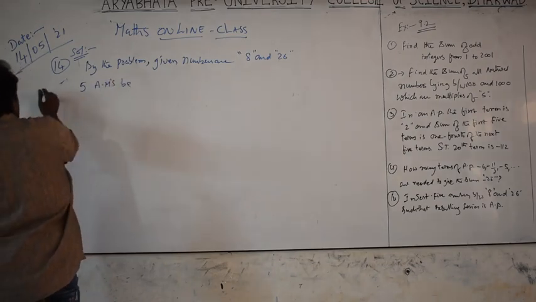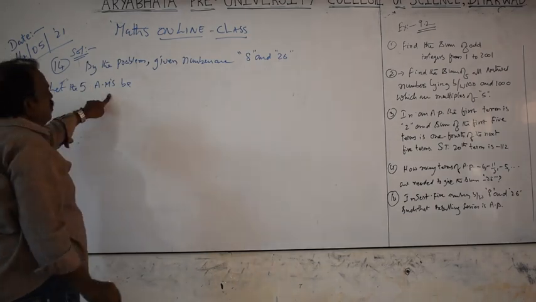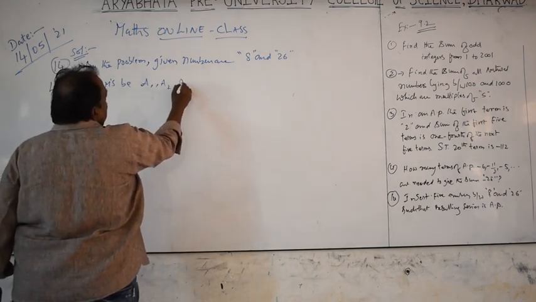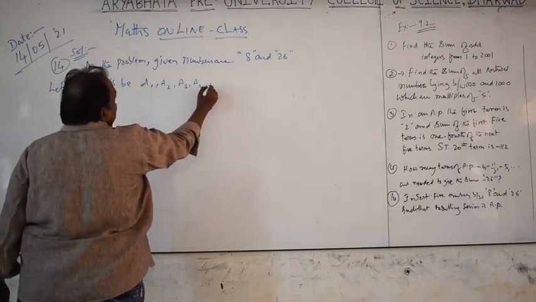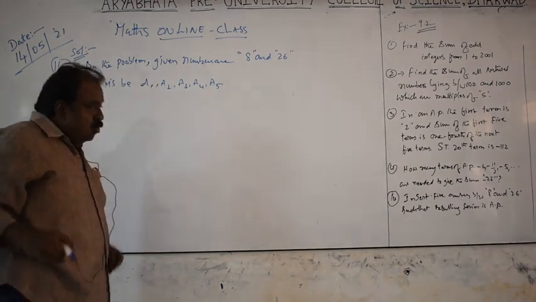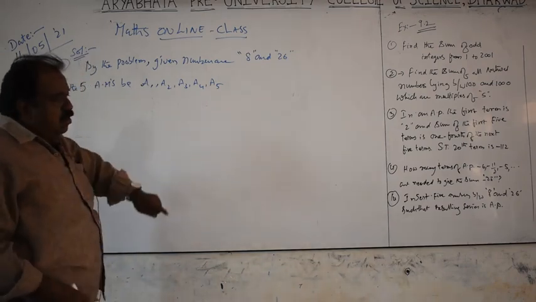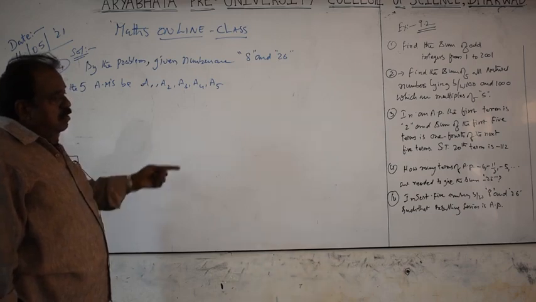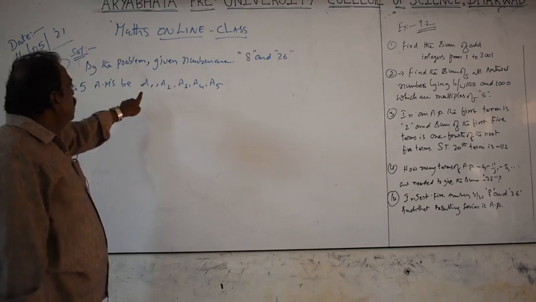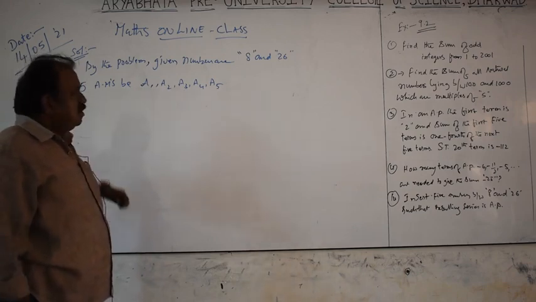Let the 5 AMs be A1, A2, A3, A4 and A5, because we are asked to insert 5 numbers. If the resulting series is an AP, then they are called AMs, 5 AMs. Those are denoted by capital letters. The theory part is like that.